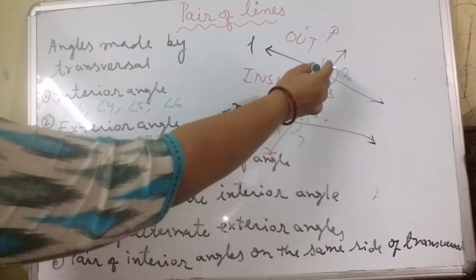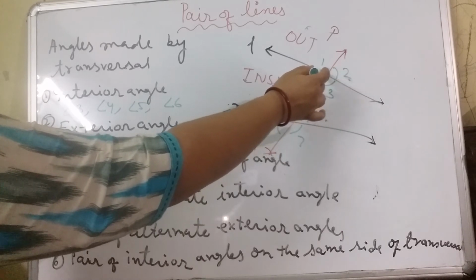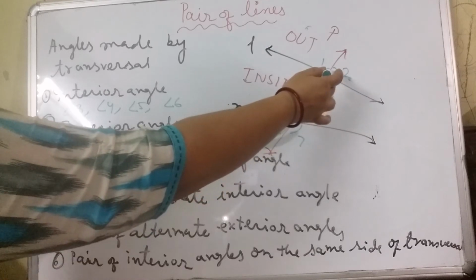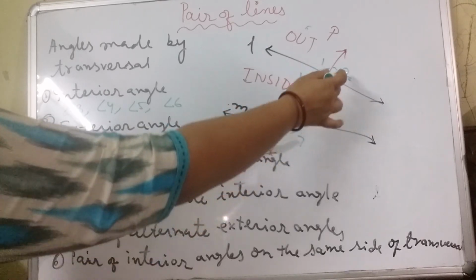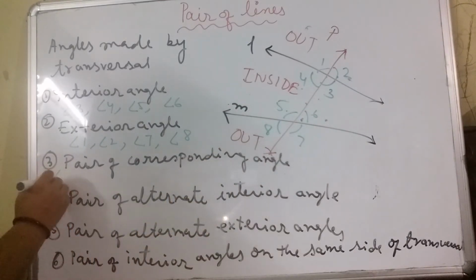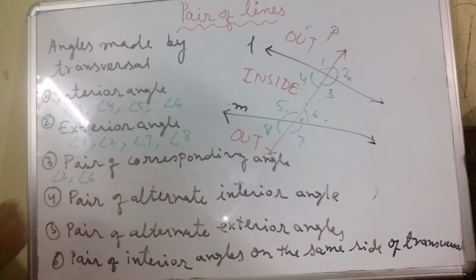Okay. So when it cuts this transversal, is any angle same here or corresponding to this angle? Yes. This is angle 2. So angle 2 and angle 6, they are corresponding angles. Okay.